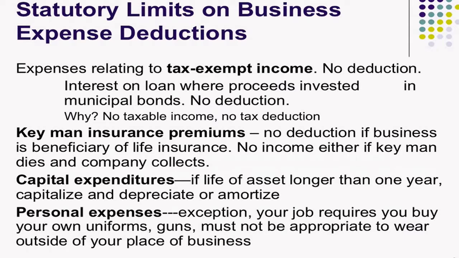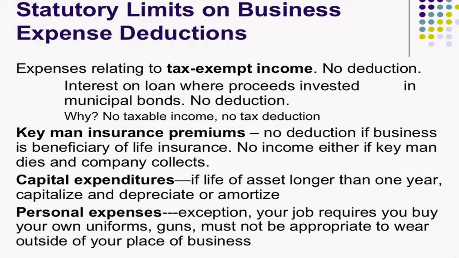What else can't you get a deduction for? Personal expenses. If you're eating lunch every day at noontime and you're trying to deduct your lunch expense, you can't. It's a personal expense. Now, there are some exceptions to this. Let's say you're a police officer.